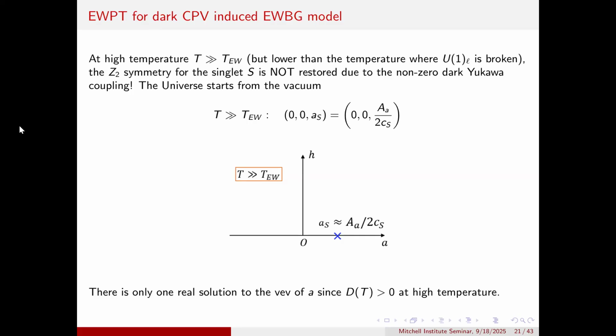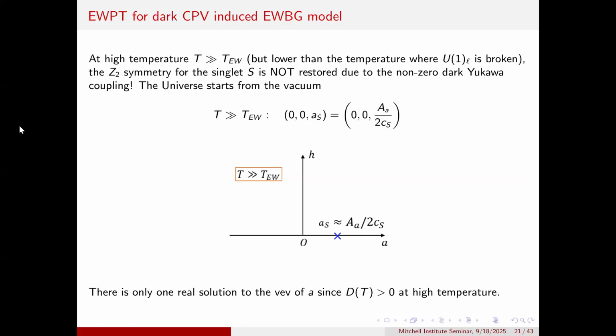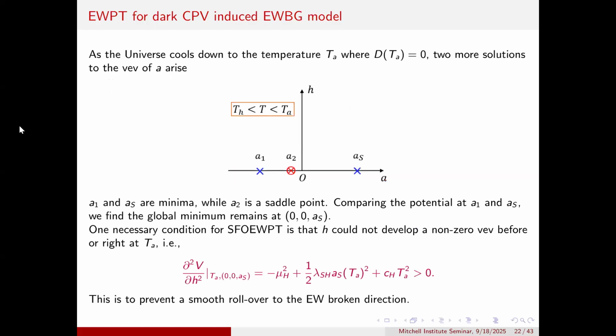So at very high temperature, if we calculate this discriminant for this equation, we would find that there's only 1 solution at high temperature. As temperature drops, the discriminant becomes 0 at some point.